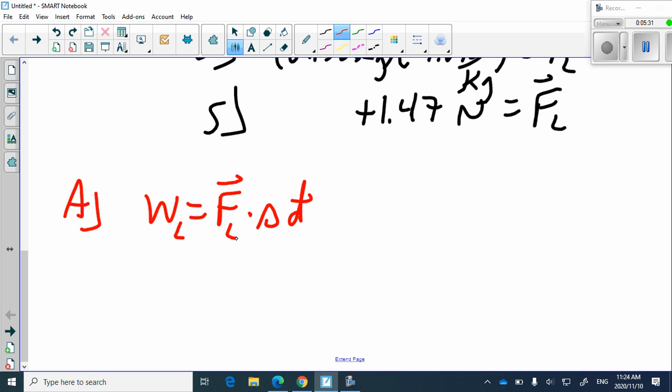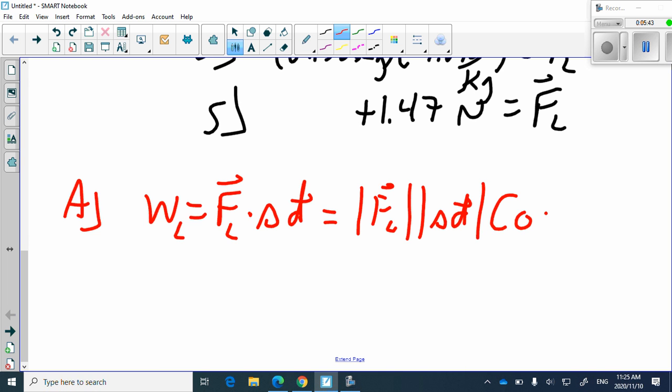So then I put in the recipe for this. It becomes the magnitude of the lift force times the magnitude of the displacement times the cosine of the angle between them. That's the recipe. Let's take a look at these two vectors. I'll redraw it right here. The lift force is straight up.